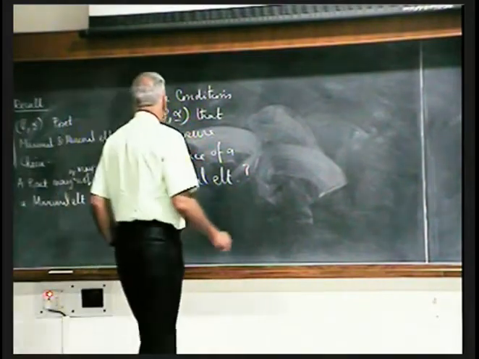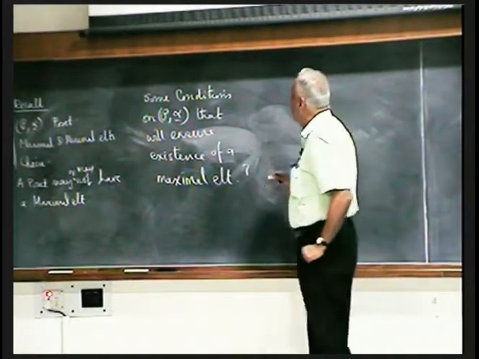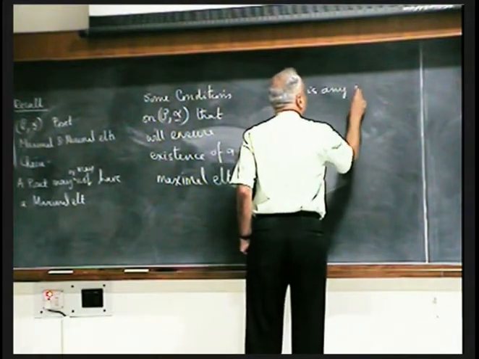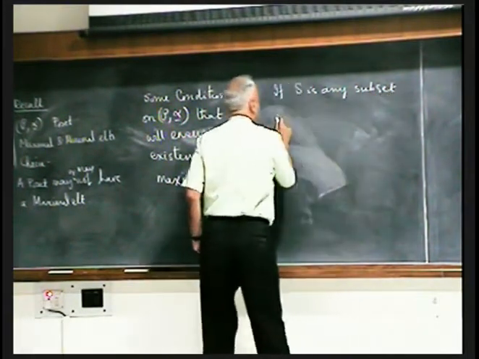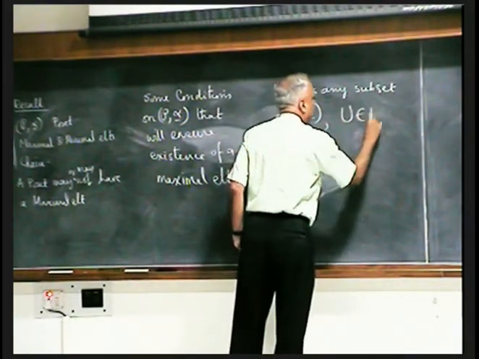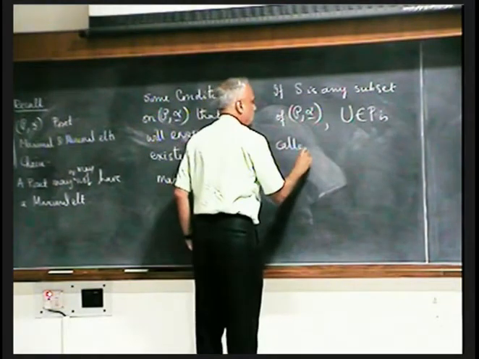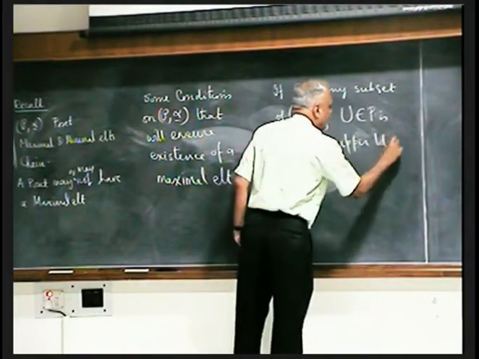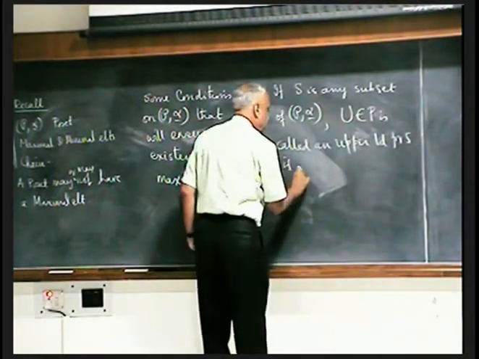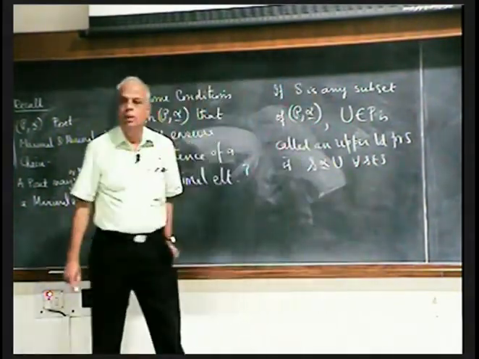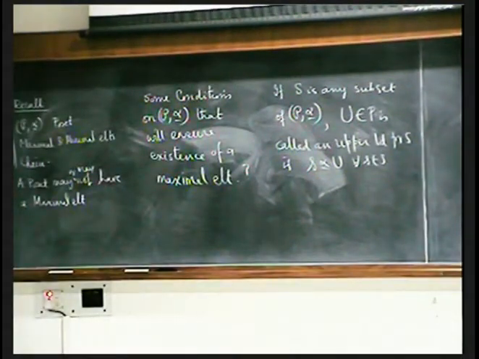In this context, we introduce the notion of upper bound and lower bound. So if S is any subset of a partially ordered set, U belonging to P is called an upper bound for S if everybody is below it, for every element of S. Analogously, lower bound: if everybody is above, then it's called a lower bound.